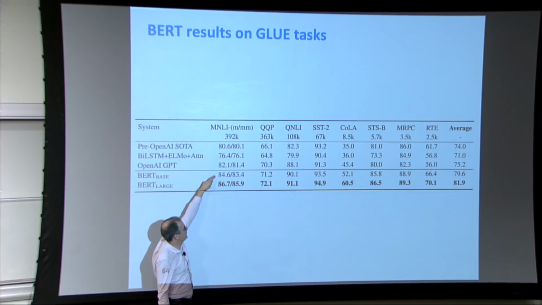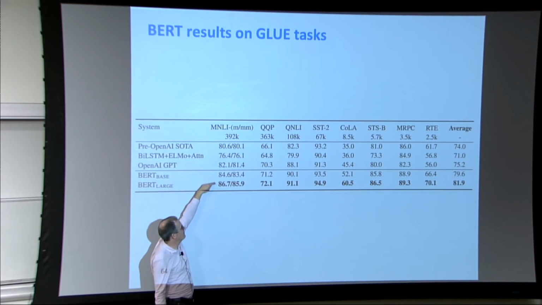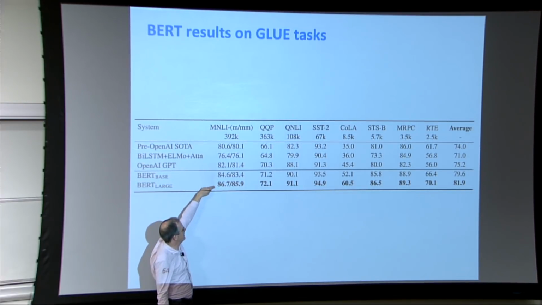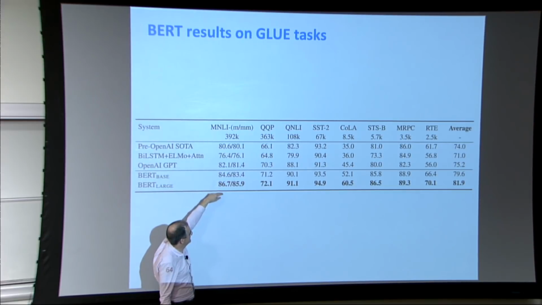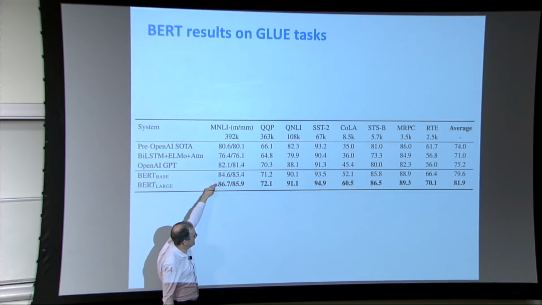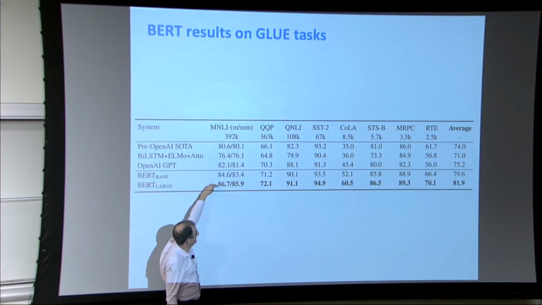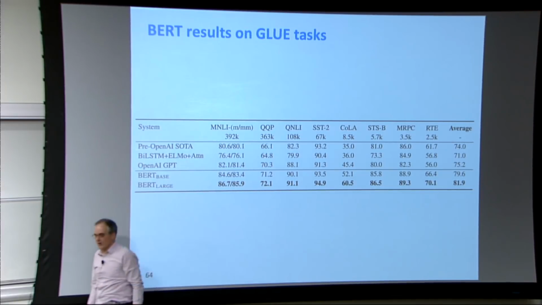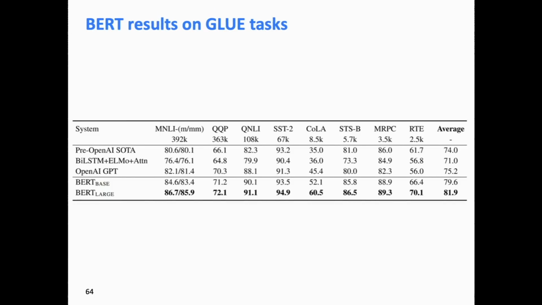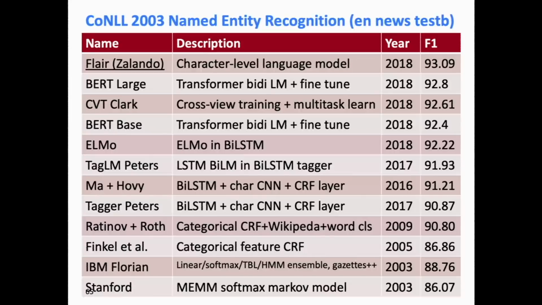And then what they found was, well, by going to just a bigger model again, you could get another big lift in performance. And so you're getting for many of the tasks about another 2% lift in performance going to the bigger model. So this really produced super strong results. And in general, people have found that BERT continues to give super strong results.